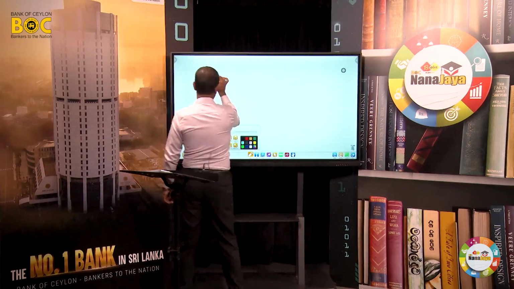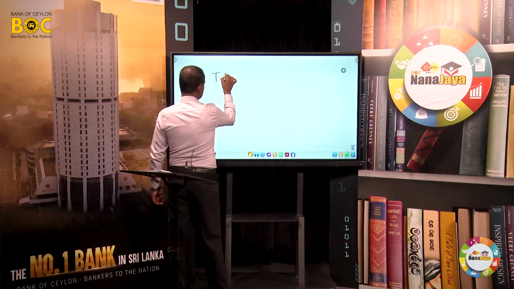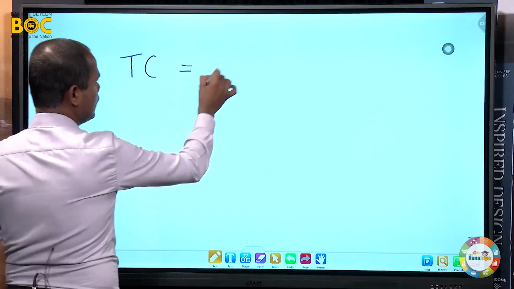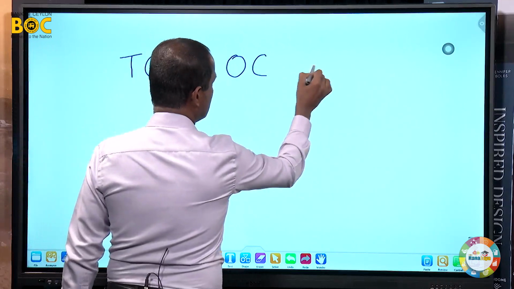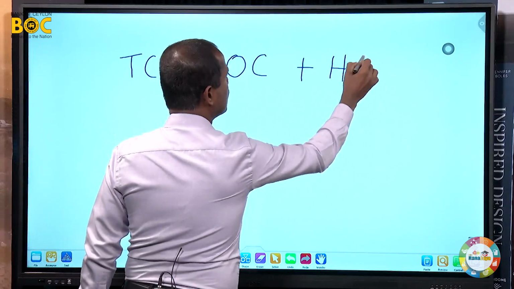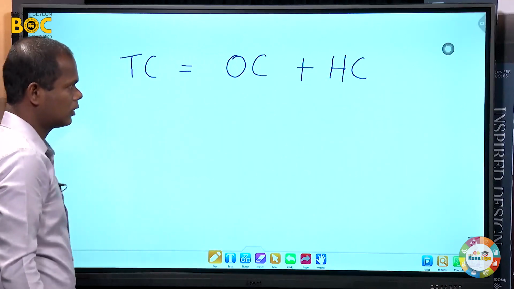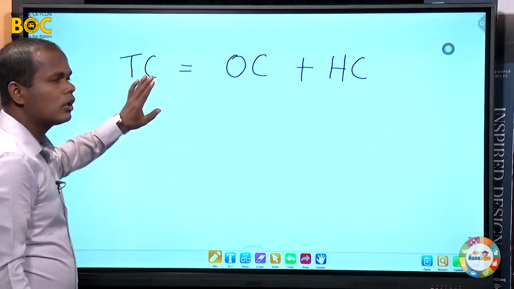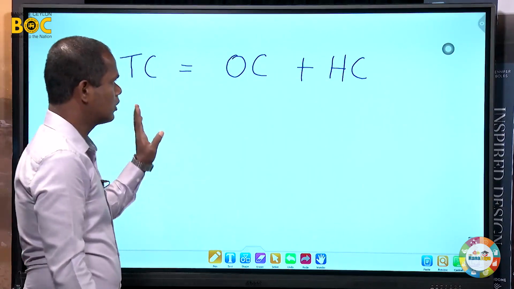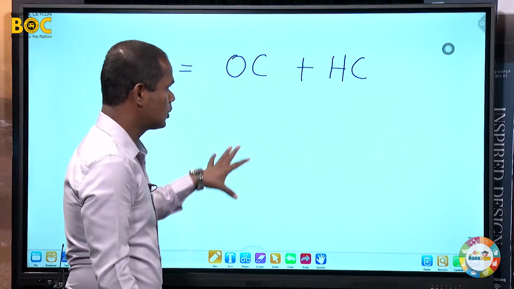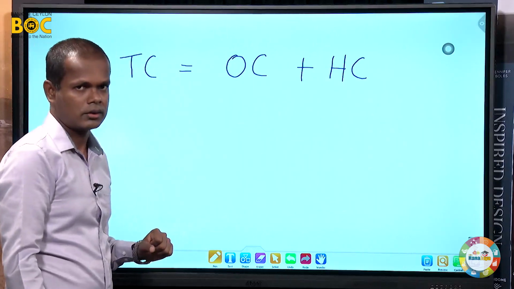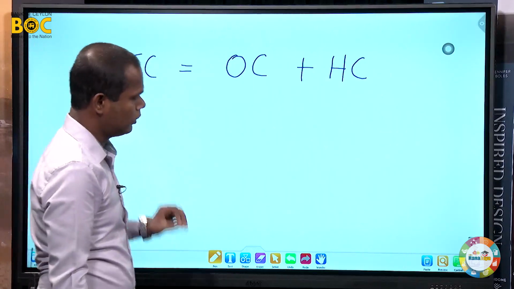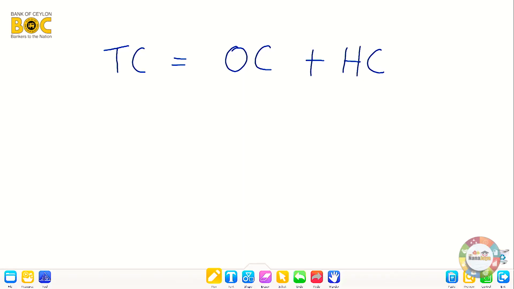Total cost equals the cost of ordering the item, the ordering cost, plus the cost of maintaining the item, the holding cost. Remember these two cost elements.